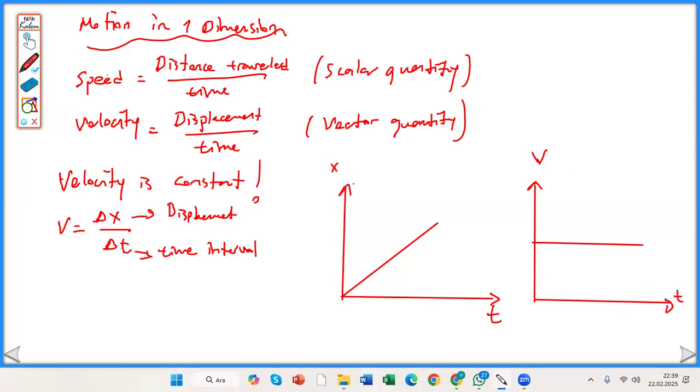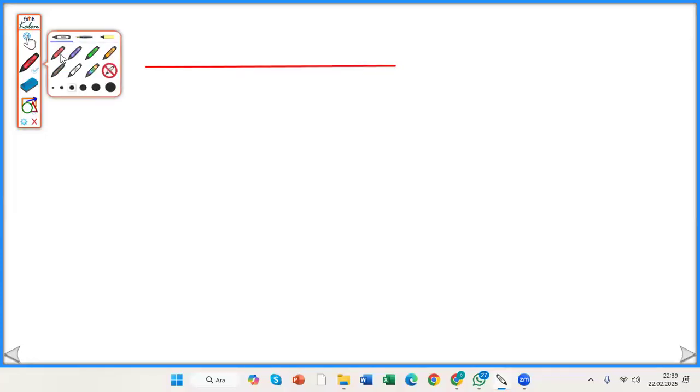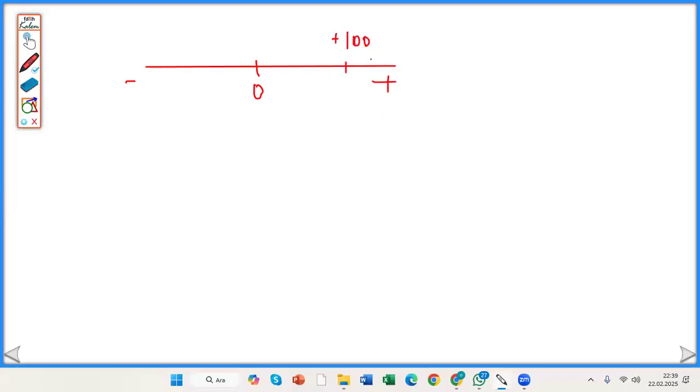As you remember, the direction of the motion is also important. Assume that this is point zero, this is the positive part and this is the negative part. Here is positive 100 and here is negative 100.